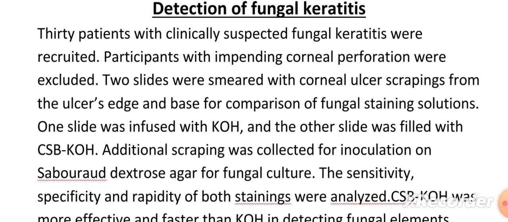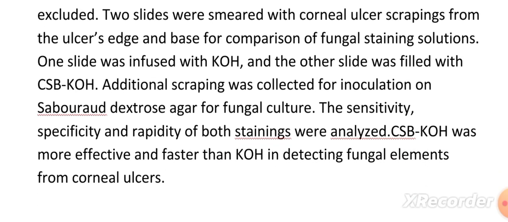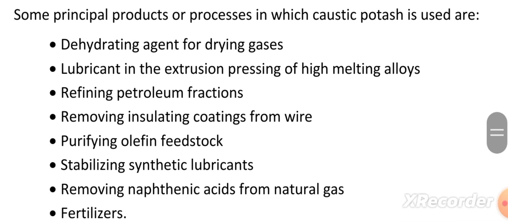One slide was stained with potassium hydroxide and the other with CSB potassium hydroxide. Results show that the sensitivity, specificity, and rapidity of both stainings were analyzed. CSB potassium hydroxide was more effective and faster than potassium hydroxide in detecting fungal elements from corneal ulcers.